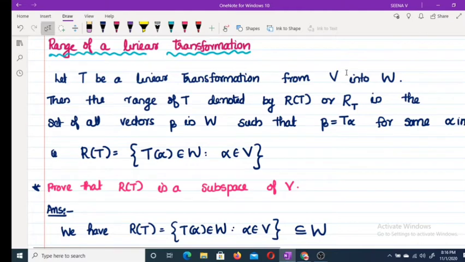Let T be a linear transformation from V into W. Then the range of T, denoted by R of T or RT, is the set of all vectors beta in W such that beta equal to T alpha for some alpha in V. Therefore, the range of T, R of T, equals the set of all T alpha belongs to W such that alpha belongs to V. Clear?